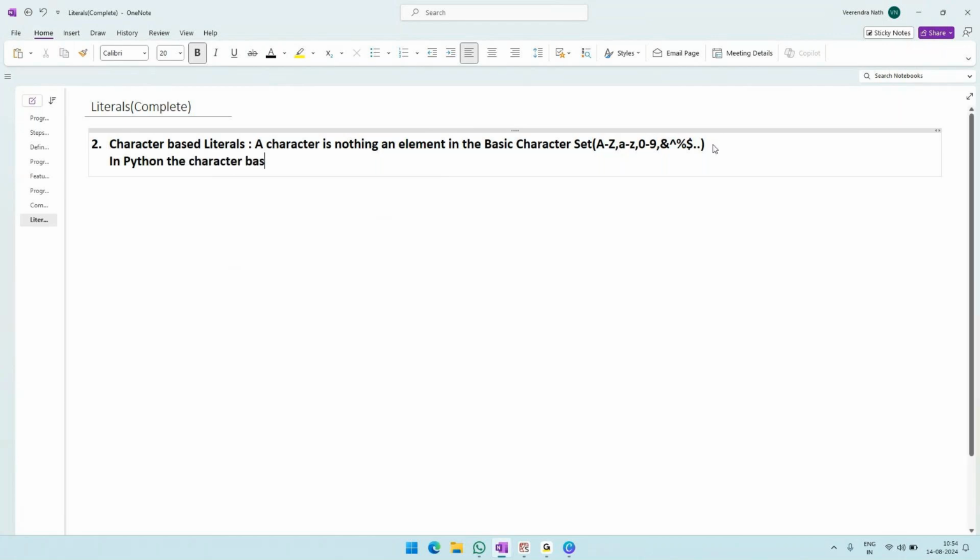In Python, the character based literals are a collection of one or more characters enclosed in quotes.